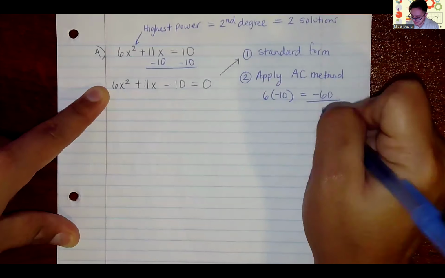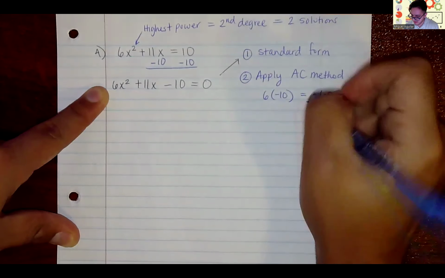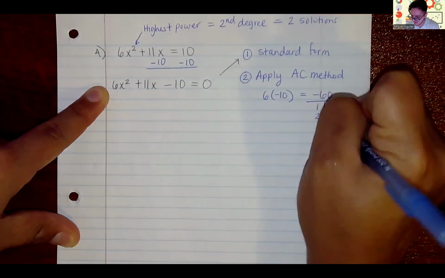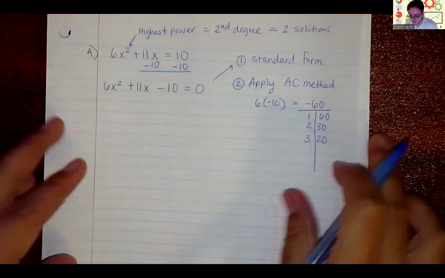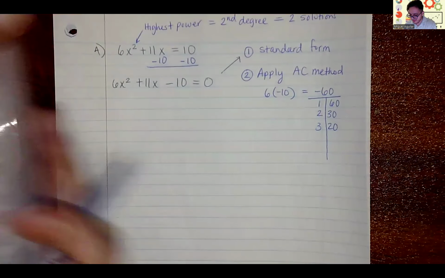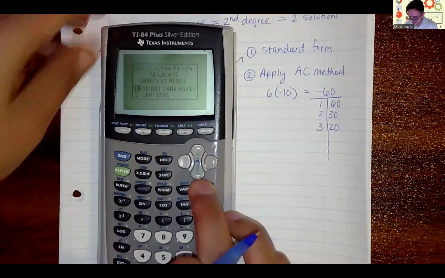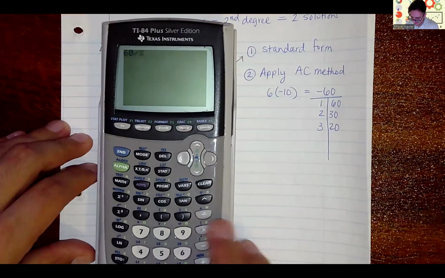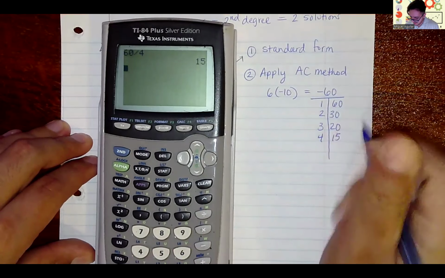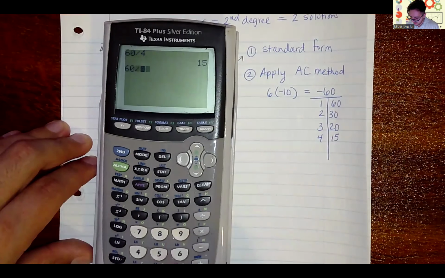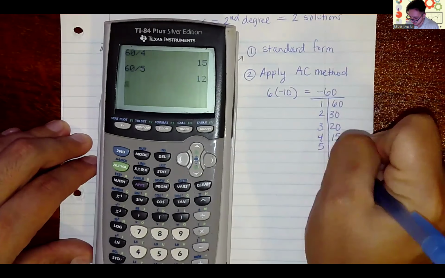Okay, we can figure out what all the factors of 60 are: 1 and 60, 2 and 30, 3 and 20. Don't know if 4 works, but you can always grab your trusty calculator and double check that. So 60 divided by 4, 4 and 15. 60 divided by 5 is 5 and 12.